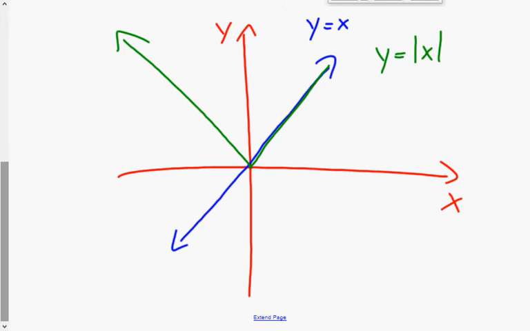Okay. My x values can still be negative, but it just changes all my y values now to positive. All right? You can't have any negative y values. That's the key to this.